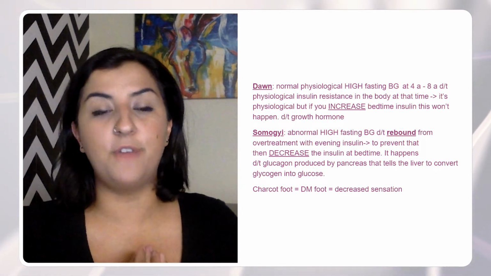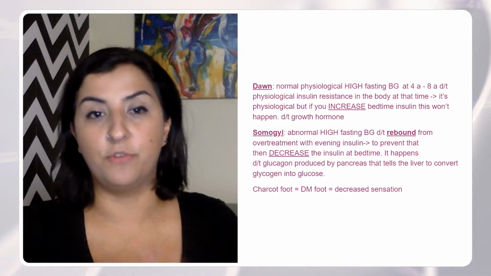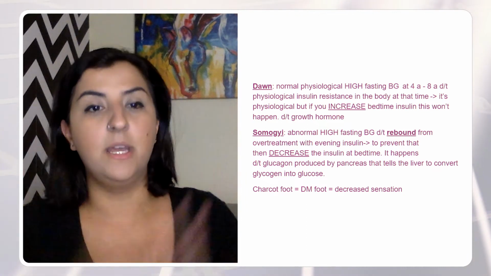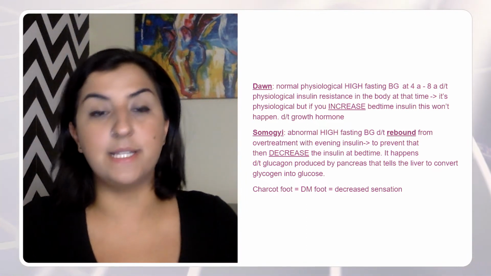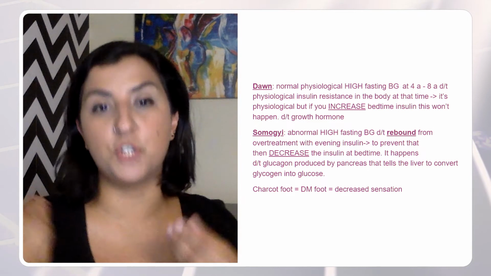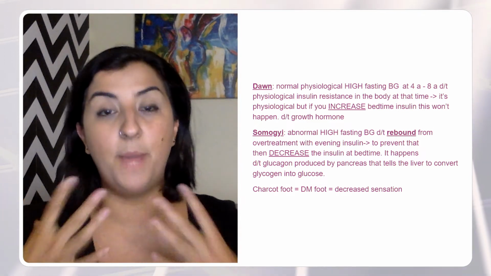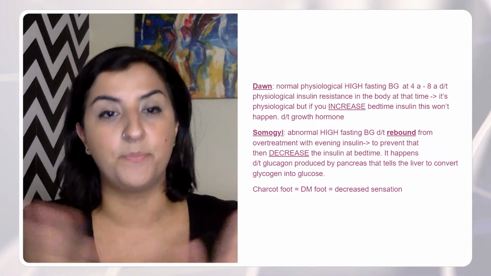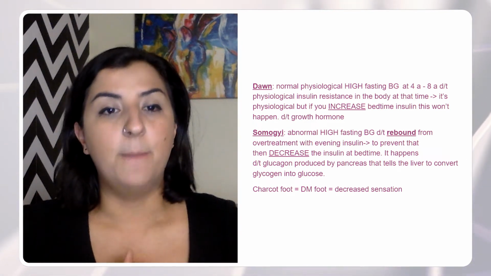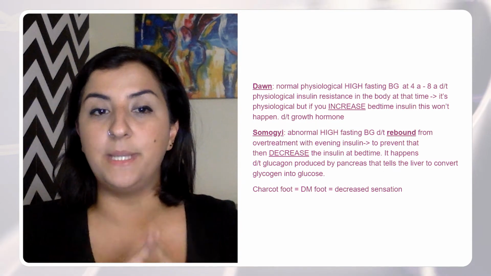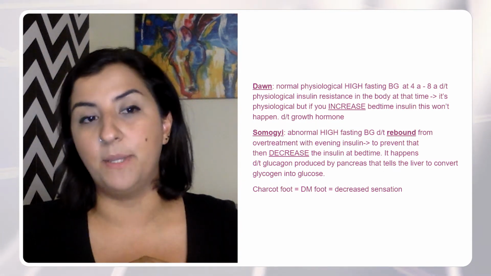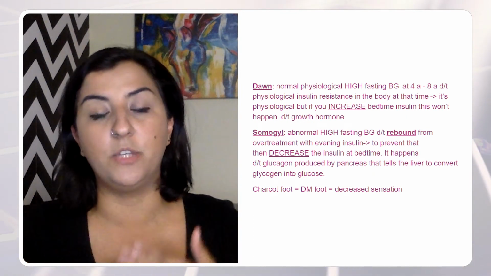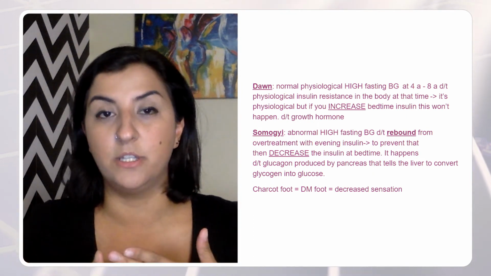We have a high glucose level from 4 a.m. to 8 a.m. It's a physiological insulin resistance. It's not pathological. It's not a problem. It's normal. Everyone has that. But if you increase your bedtime insulin, this won't happen. So in order to avoid this from happening, you increase your bedtime insulin dose.